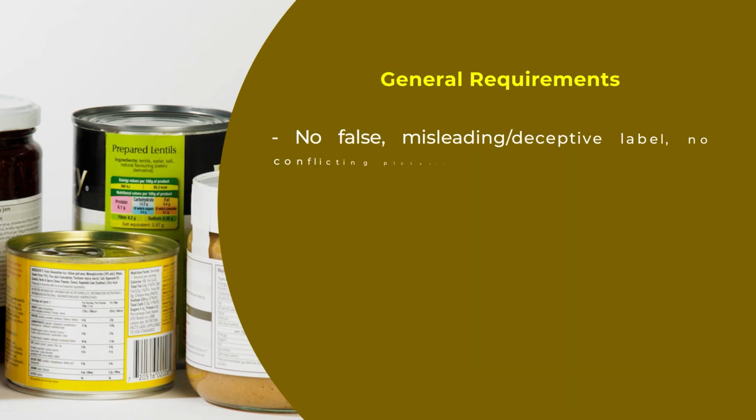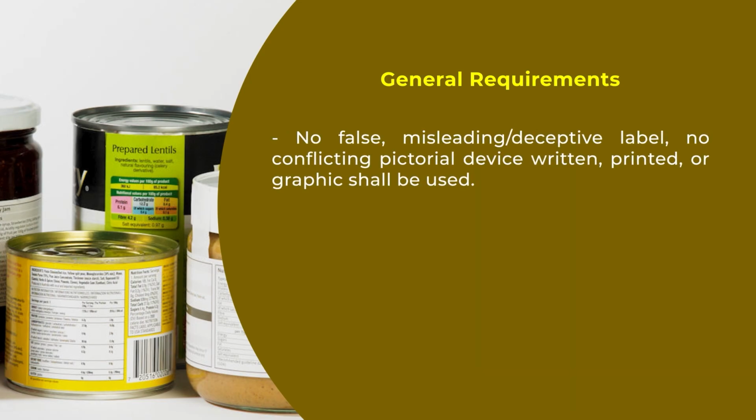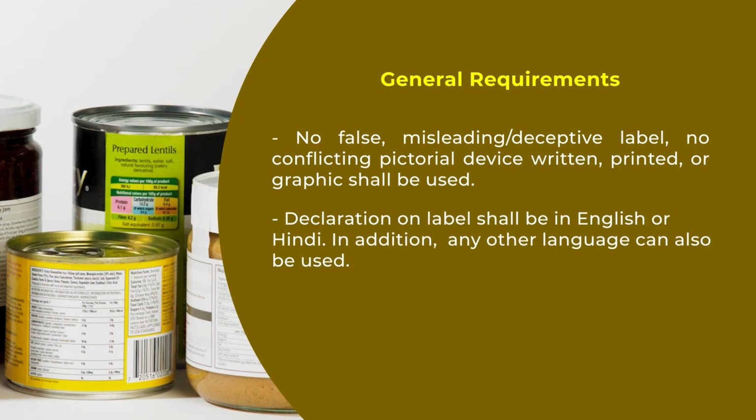There should be no false, misleading or deceptive label, and no conflicting pictorial device, written or printed matter, or graphics shall be used. The mandatory declaration on the label shall be either in Hindi or in English. Additionally, any other regional language can also be used for declaration on the label.